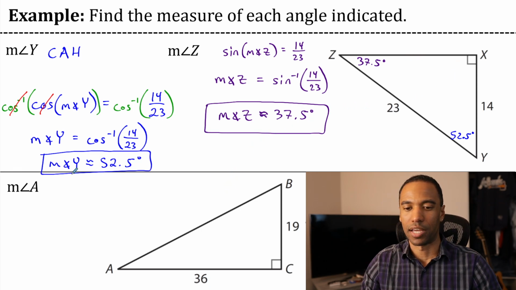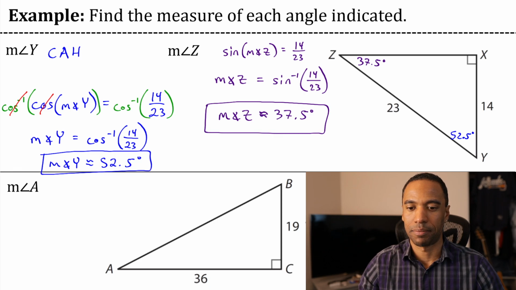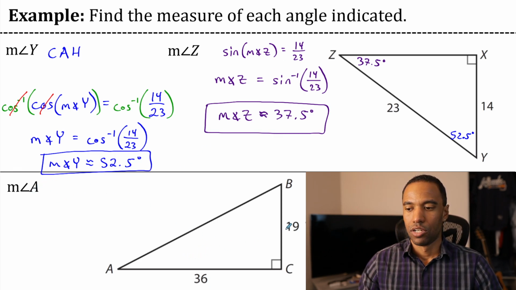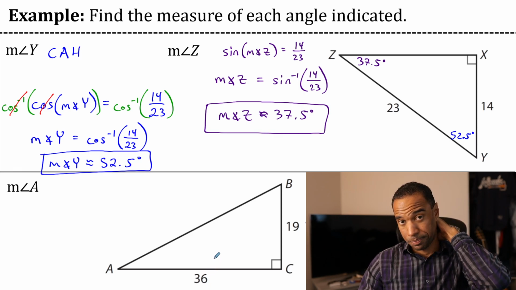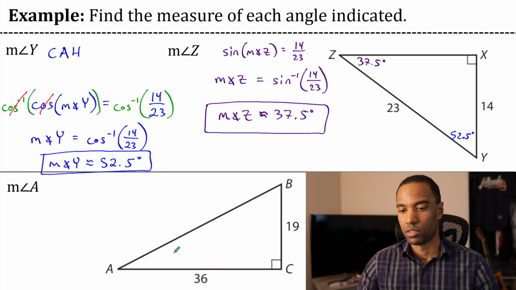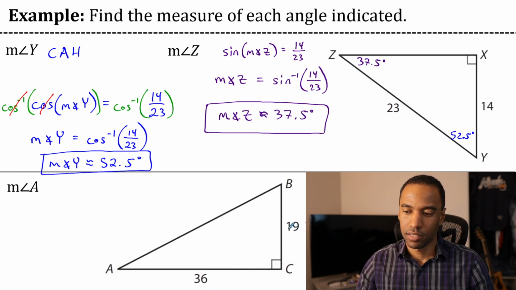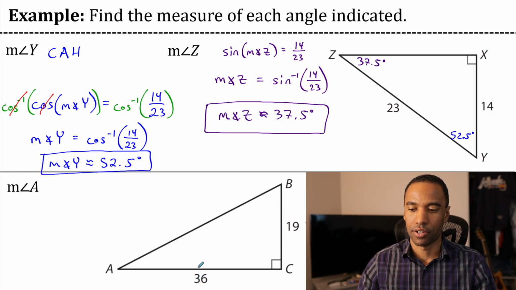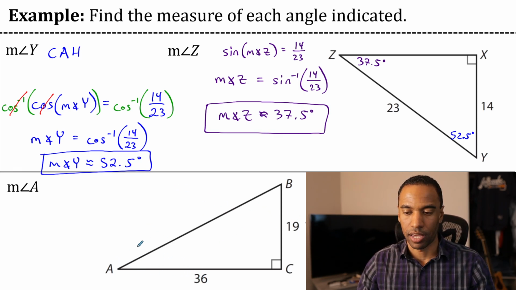One more example, and then we're done here, guys. We've got measure of angle A, knowing 19 and 36. What are these in relation to A? 19 is the leg opposite angle A, and 36 is the leg adjacent to angle A. We aren't given the hypotenuse at all.